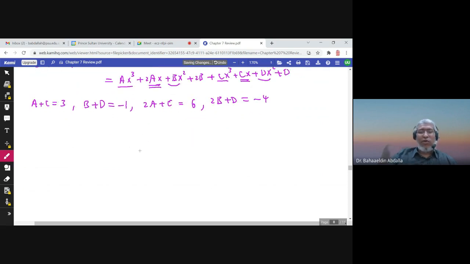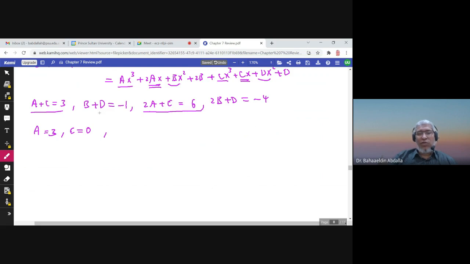So I have 4 equations and 4 variables. I have a plus c equals 3, 2a plus c equals 6. So if I just subtract these two equations, 2a minus a is a, c minus c is 0, 6 minus 3 is 3. So a is 3 and c would be 0, because if a is 3, then c is 3 minus 3, which is 0.